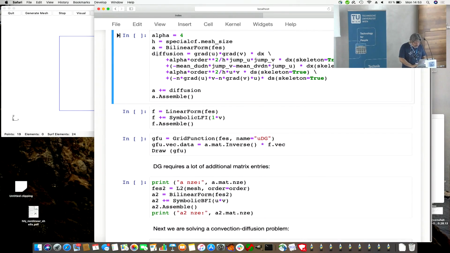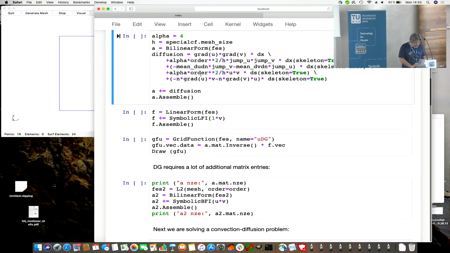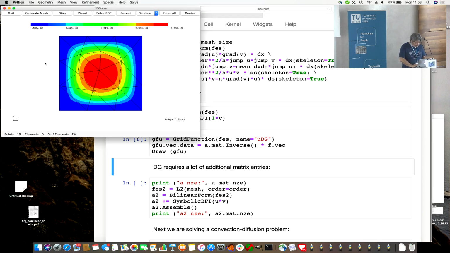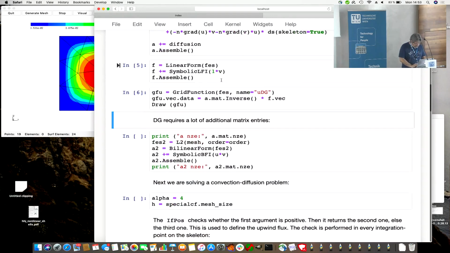Now I define a diffusion as a sum of integrals: an element integral, or a skeleton integral, a sum of integrals of different types. I'm feeding the sum of integrals to the bilinear form, and assemble it. Now, the solution looks very familiar.